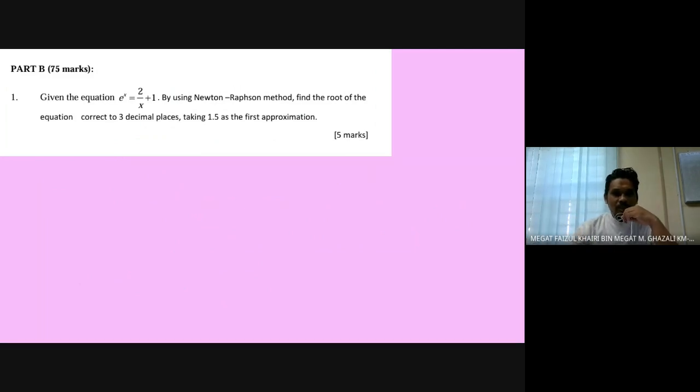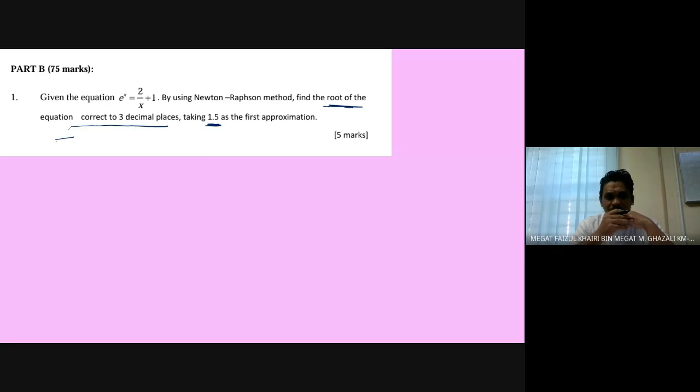Given the equation, by using Newton-Raphson, find the root of the equation correct to 3 decimal places. Okay, so in this case, the question wants us to find the root correct to 3 decimal places, taking 1.5 as the first approximation. So class, listen to this.